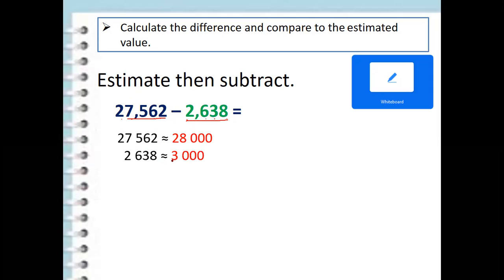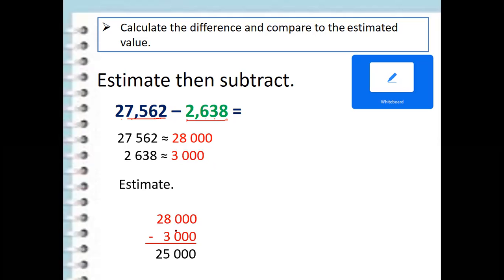When we round to the nearest thousand, it is 3,000, because the hundreds digit is more than 5. So let's subtract our estimated numbers. What is the estimated difference? 28,000 minus 3,000 gives us 25,000.